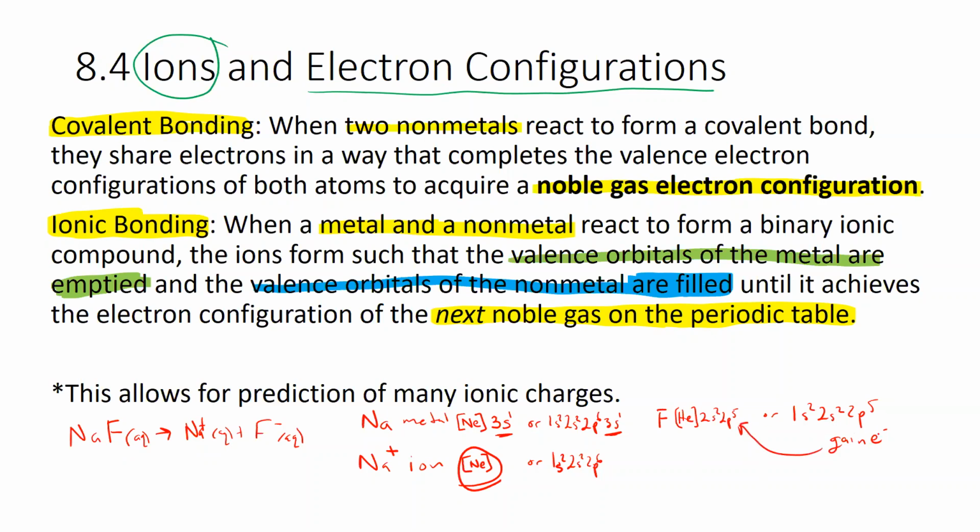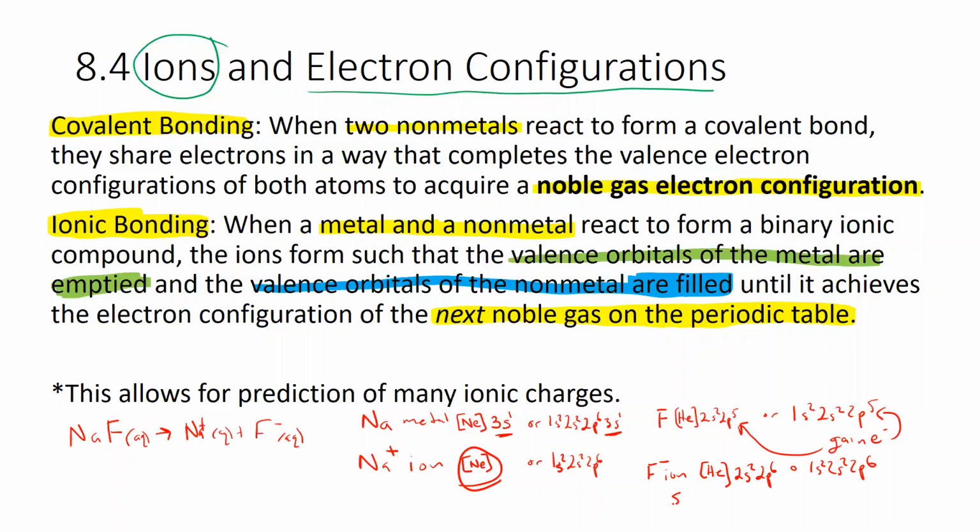It's going to go into that 2p orbital. And so when fluorine becomes fluoride, it becomes now helium 2s2, 2p6, or 1s2, 2s2, 2p6.